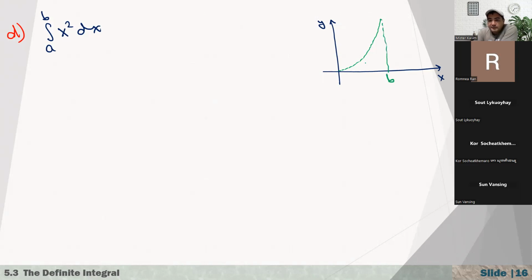So this one is B, and this is A. We are talking about this region. Again, you will see that after we prove the fundamental theorem of calculus, it becomes really, really easy. Right now, we don't know how to prove this, so that's why we have to just use the basic definition.